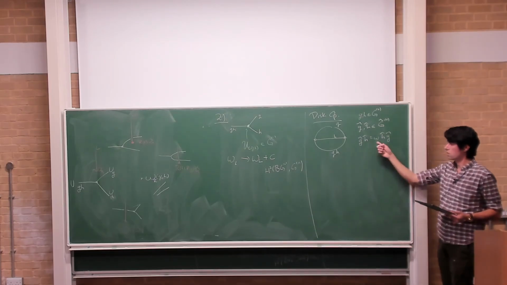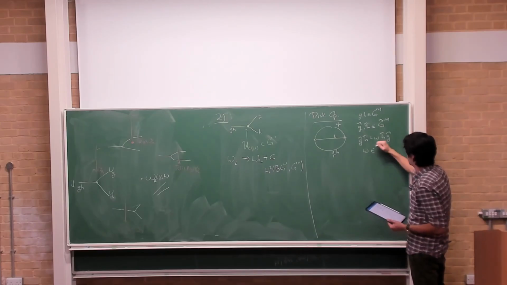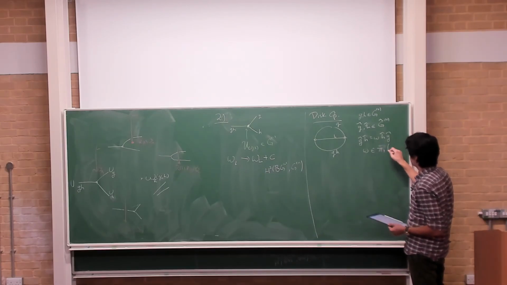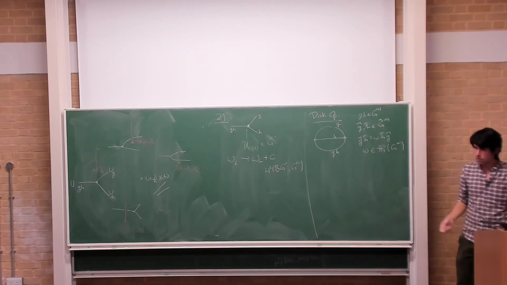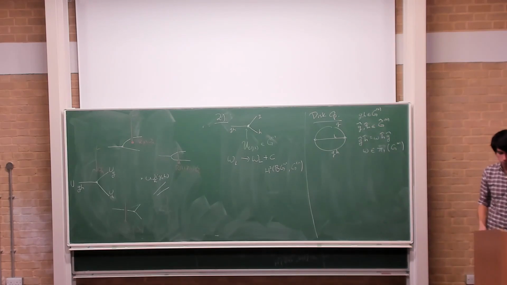Omega corresponds to an element in the pi1 of G0.